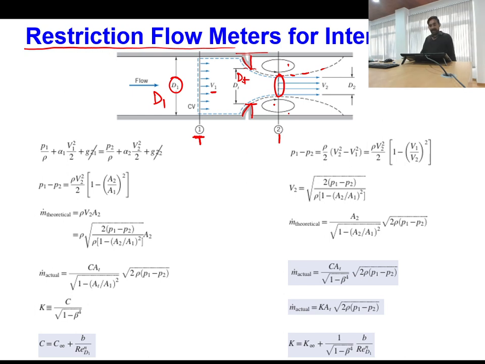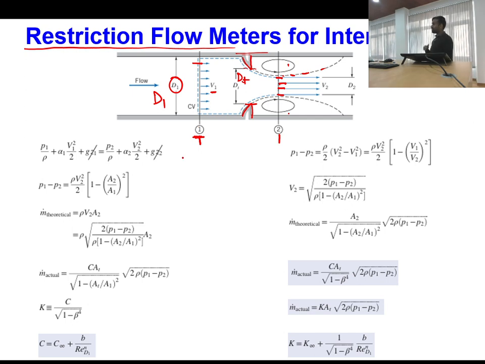And the fourth assumption is that at point number 1 and point 2, streamlines are straight. Streamlines are straight at these points. Because if streamlines are curved, then I cannot say that at the entire cross section of the pipe there will be the same pressure.